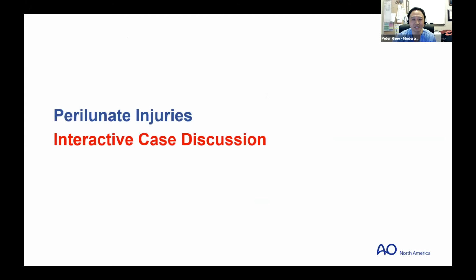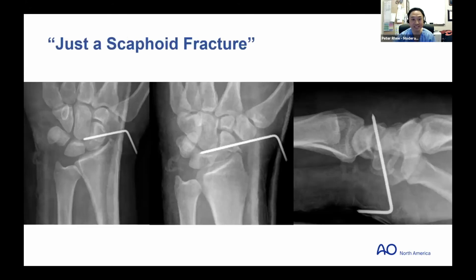All right, so I'll start off the presentation tonight with this true case. I remember I came to work that day at my previous job at a level 1 trauma center. They said, hey, we're going to add this scaphoid fracture to your day today. I looked at these x-rays and thought, what's going on?